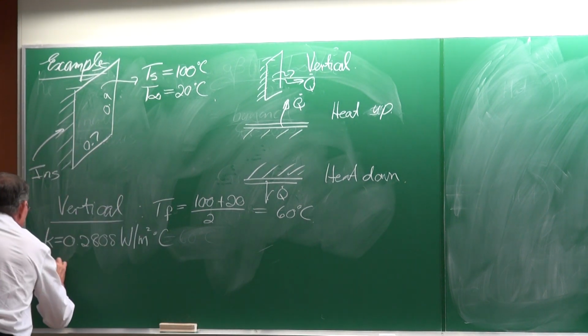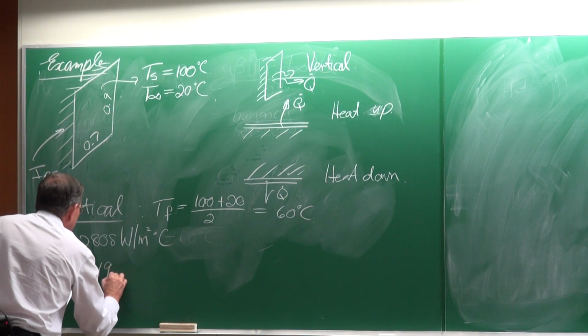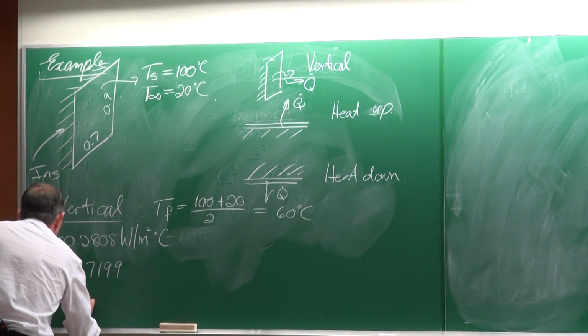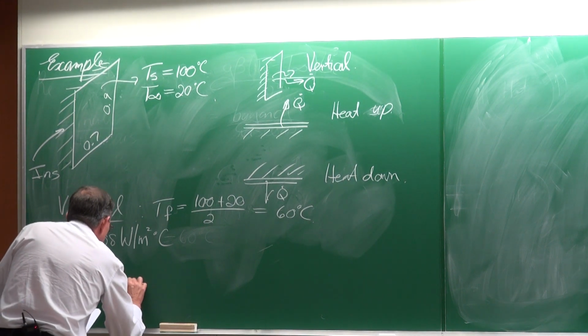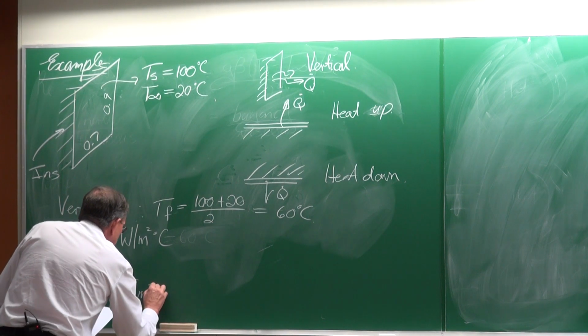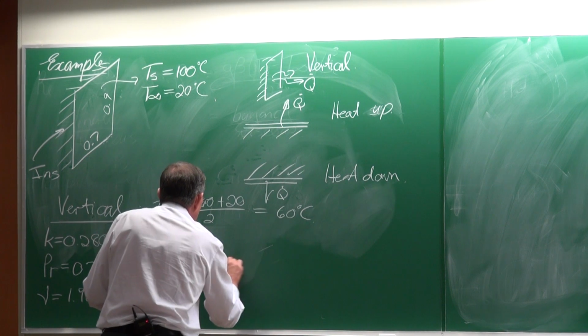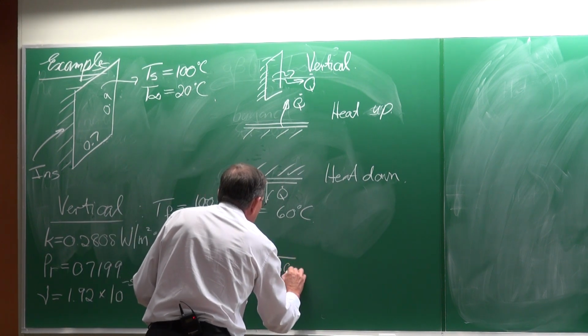That's the k value. The Prandtl number is equal to 0.7199. The kinematic viscosity is equal to 1.92 multiplied by 10 to the minus 5 square meter per second, and beta is equal to 1 divided by (273 plus 60).